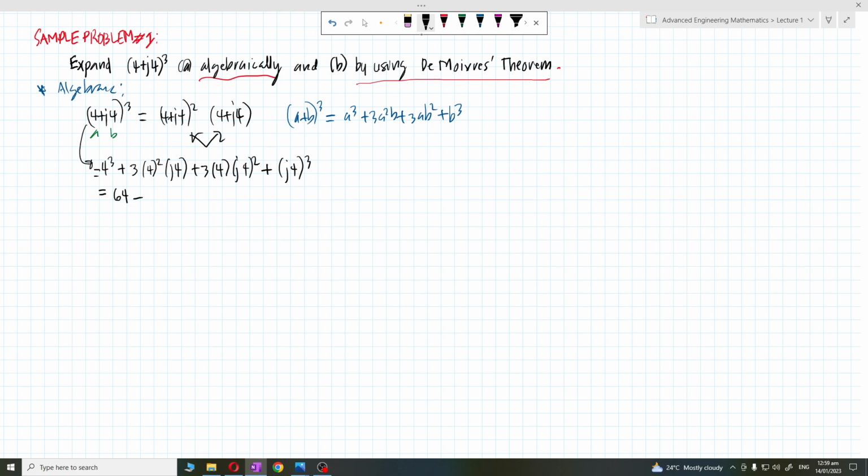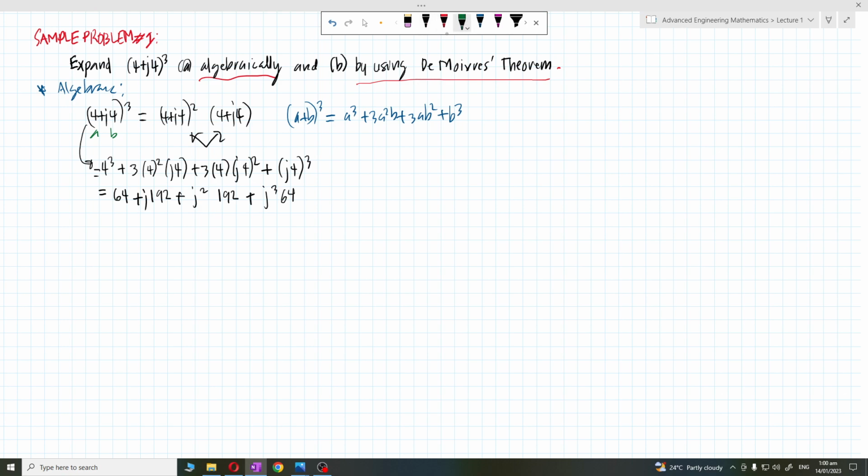So plus j192. The next is 3 times 4 times 4 squared. Same, 3 times 64 is 192. But we have here j squared, so j squared 192. Then plus j cubed, then 4 cubed is 64.